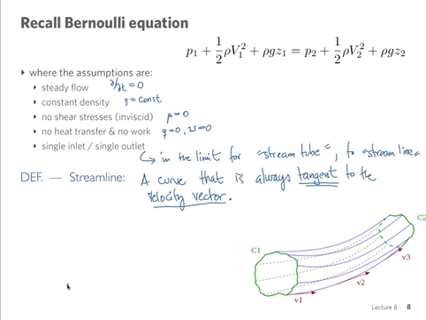So if I were to consider, for example, the flow around an airfoil, and I consider the fluid approaching and moving around the airfoil, then at every point in space I could draw a line that is always tangent to the velocity vector. And that would be the streamline.